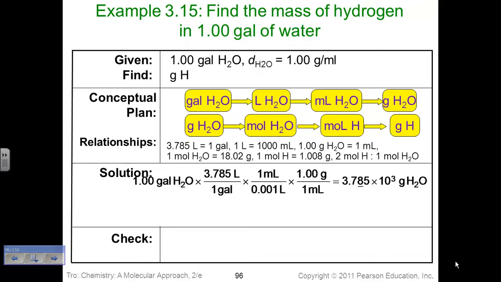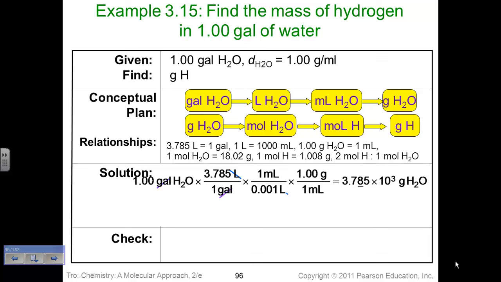Now in scientific notation, 3.785 times 10 to the third grams is exactly the same as saying 3,785. So that's all I did. 3.785 times 1,000 is indeed the number of grams of water.